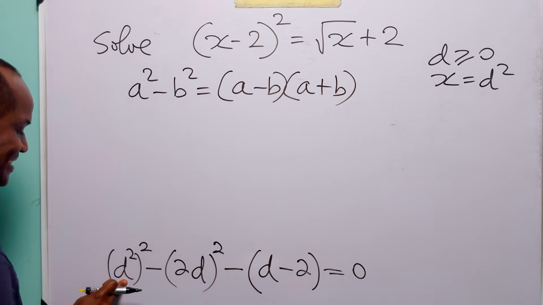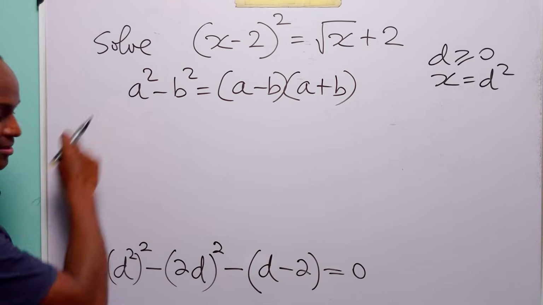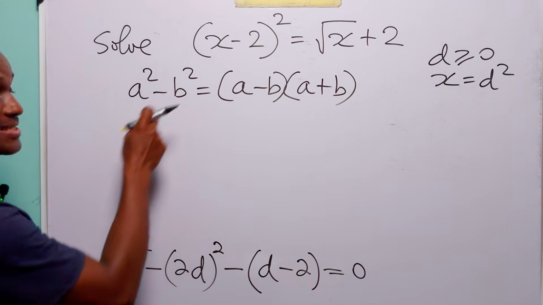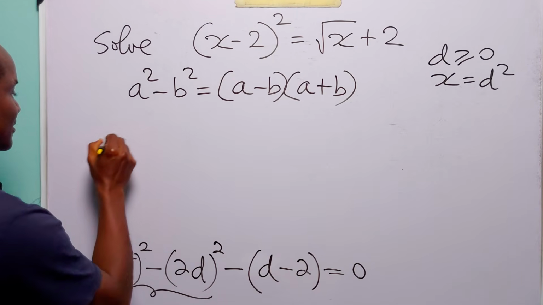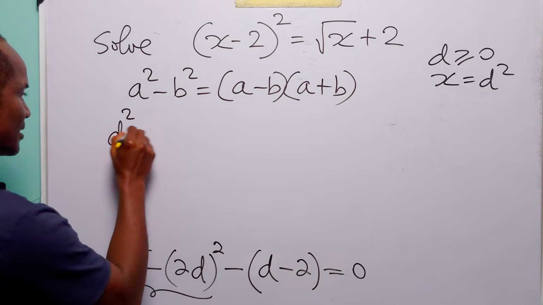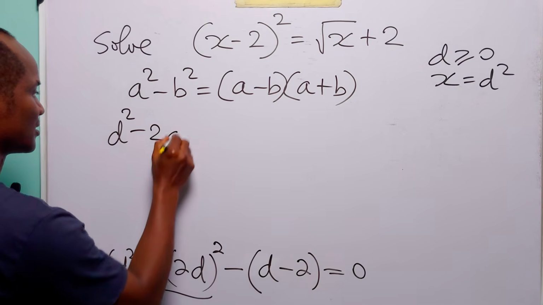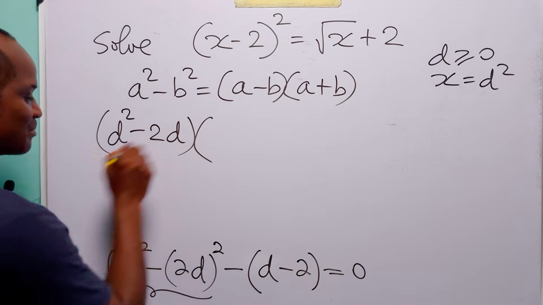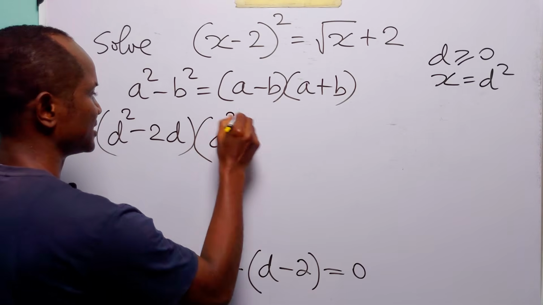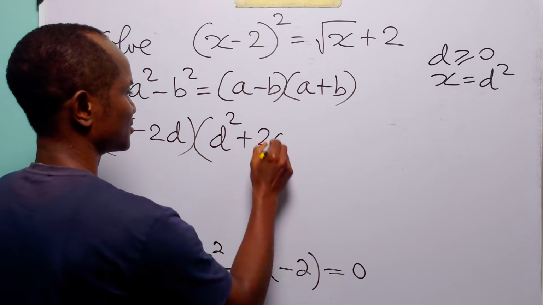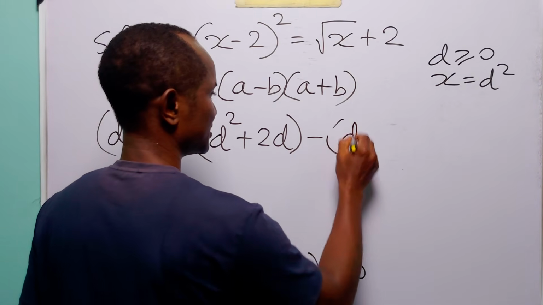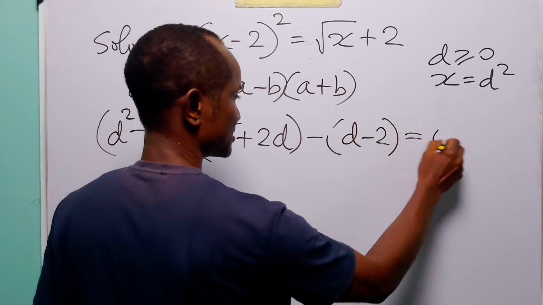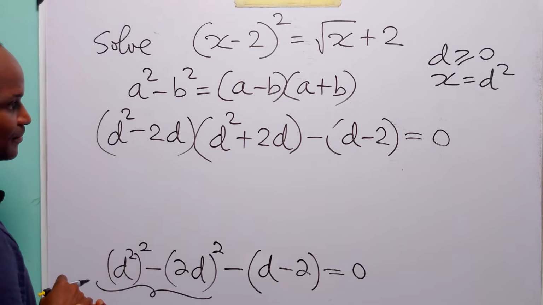In this case, d squared is a and 2d is b. So we can factorize this as (d squared minus 2d) multiplied by (d squared plus 2d). And of course, we have minus (d minus 2), and this is equal to 0.